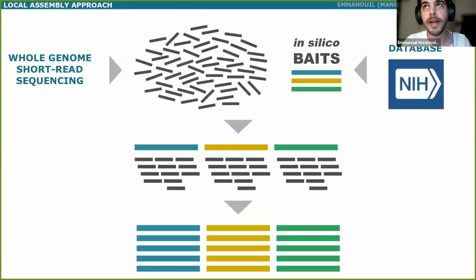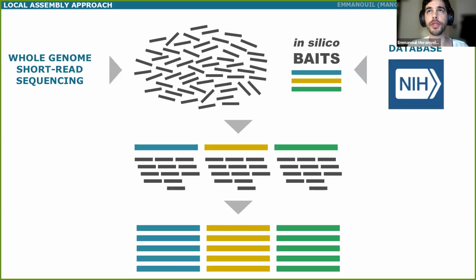So here I'm going to focus on a different approach. It's called the local assembly approach. It doesn't need a whole genome assembly, just a set of short read data from shotgun sequencing, and it uses in silico baits, meaning that there are no physical probes.